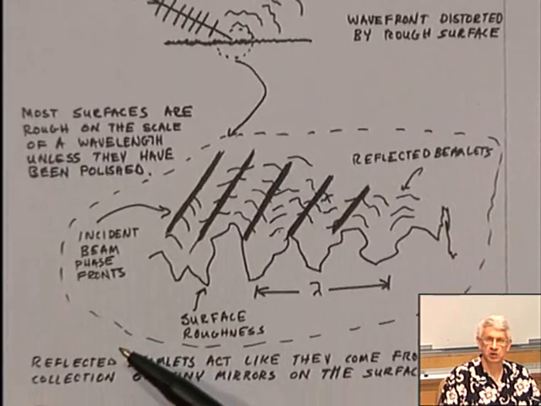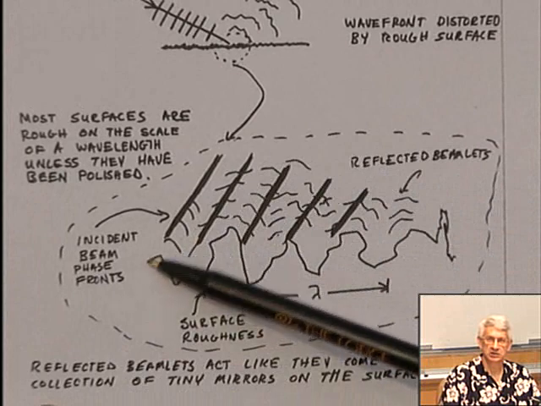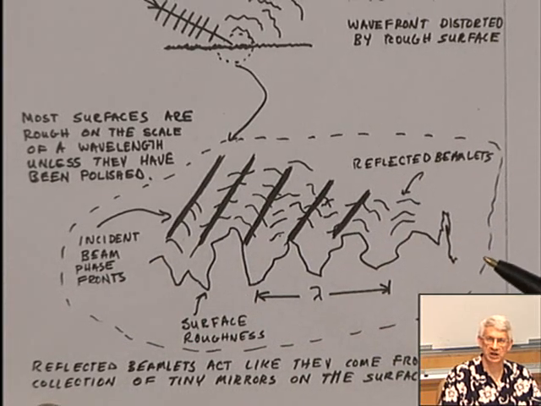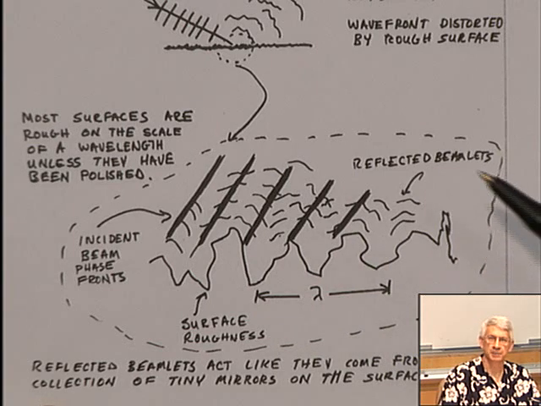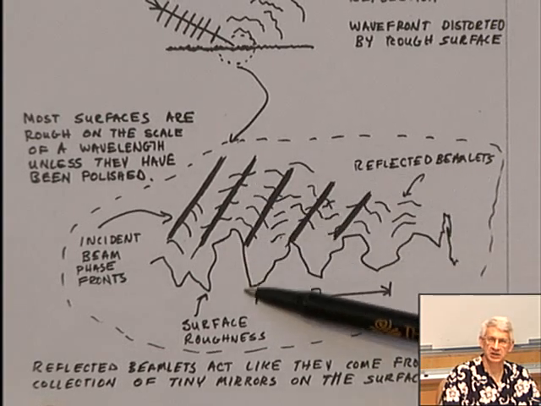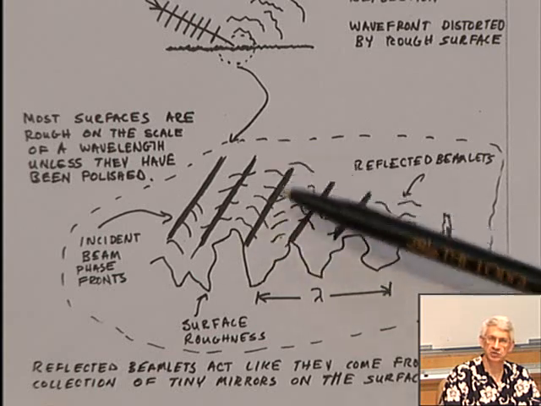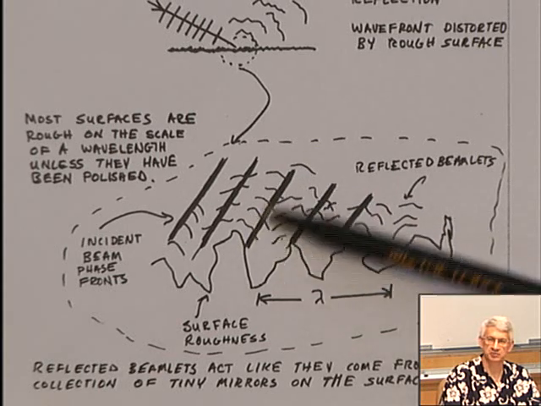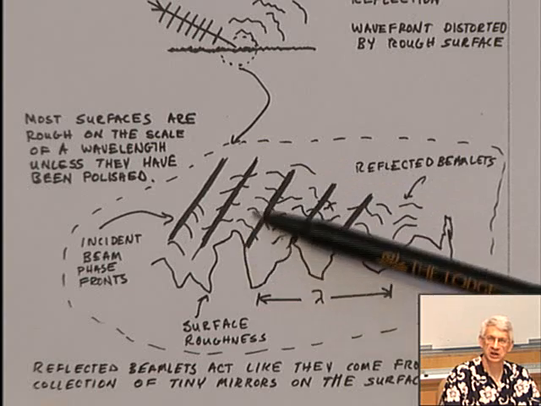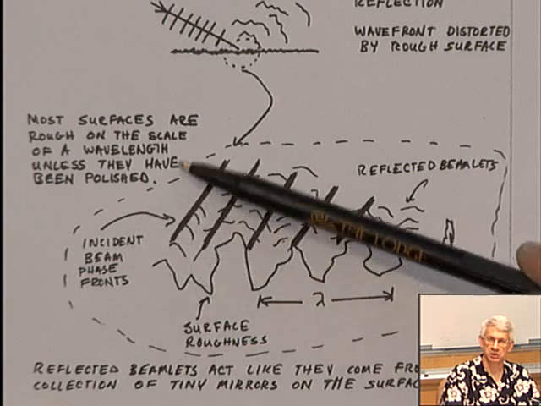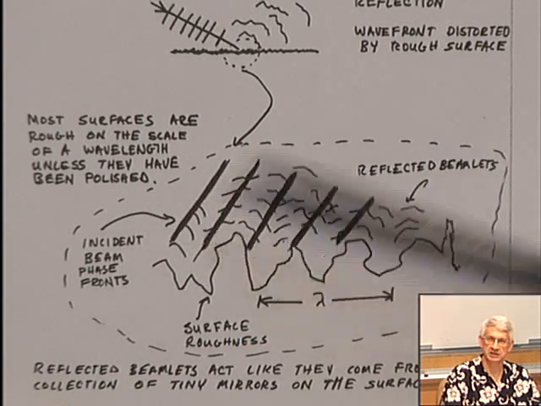Now this can be modeled in several different ways. One of the ways that I like to think about it is that the surface is very rough, and these little rough surfaces act sort of like mirrors. But each little facet presents a different phase in reflection. Remember, the optical phase in reflection is twice the depth of the feature in the material, corrected for the cosine of the angle of incidence.